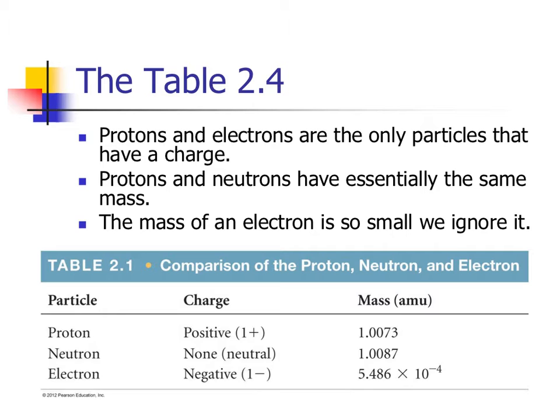That's because hydrogen has just one proton. It also has an electron, but because the electron's mass is so small, it is pretty much negated, to the point where we just ignore it. Protons and electrons are the only two subatomic particles that have a charge.